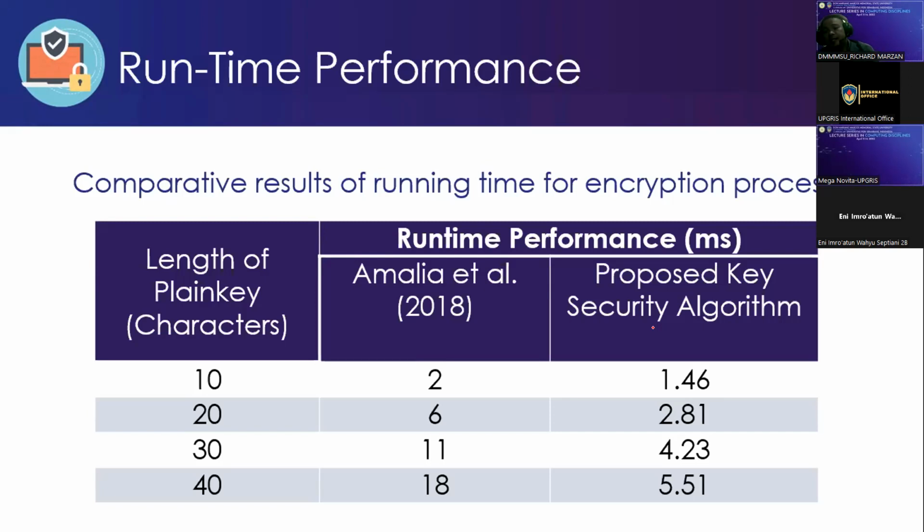Okay, so for the proposed key security algorithm, based from our results, it decreased to 1.46 milliseconds for 10 characters, 2.81 milliseconds for 20 characters, 4.23 milliseconds for 30 characters, and 5.1 milliseconds for 40 characters.